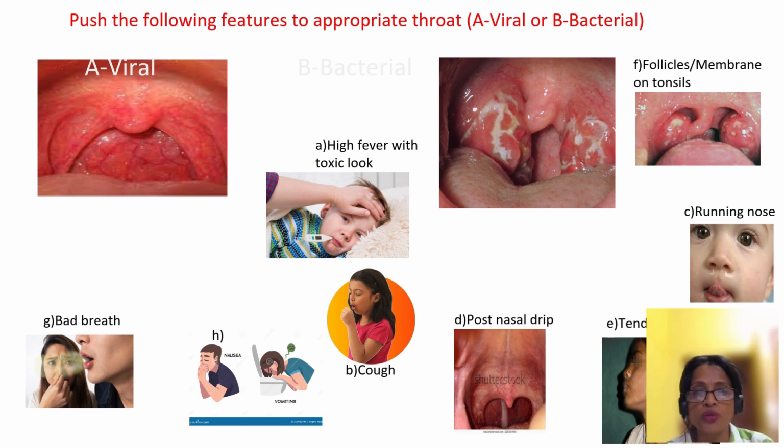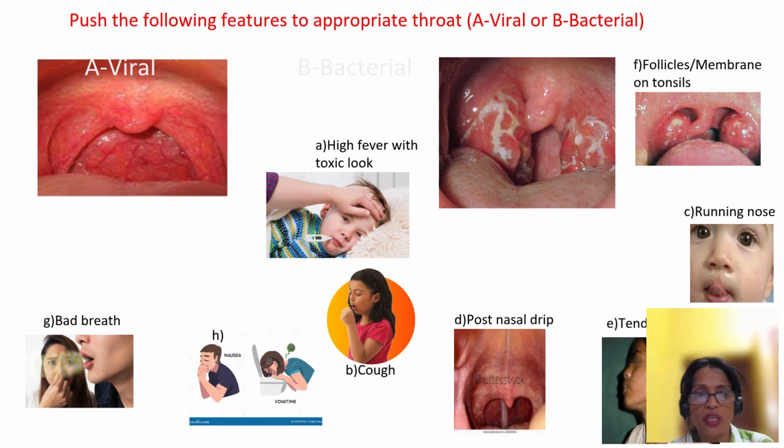Now, I have a host of features. A is high fever with toxic look. B is cough. C is running nose. D is postnasal drip. E is tender jugulodigastric lymph nodes. F is follicles or membrane on the tonsil.